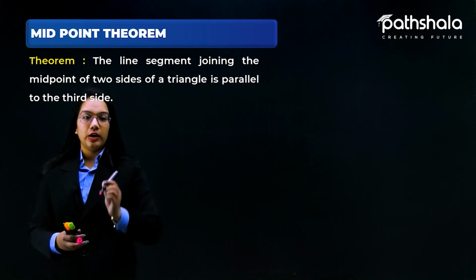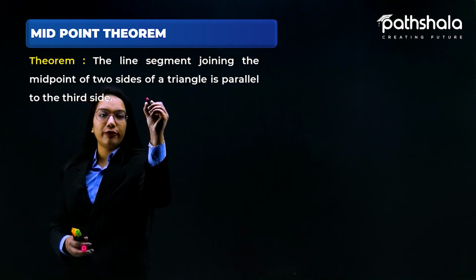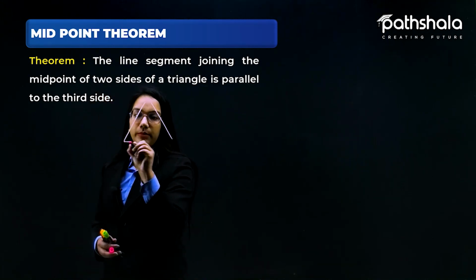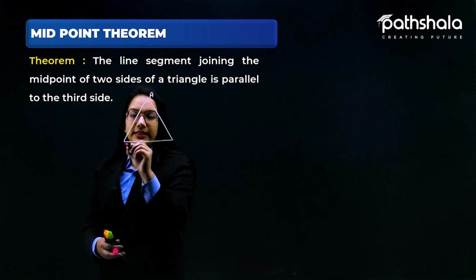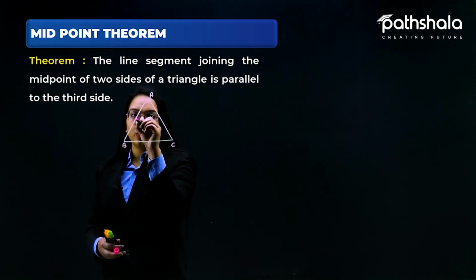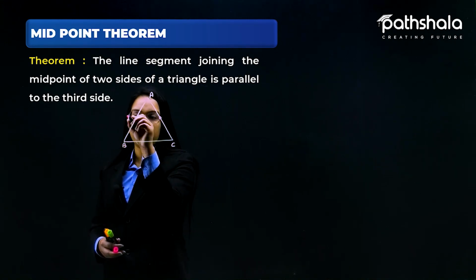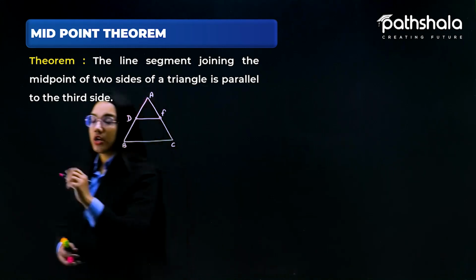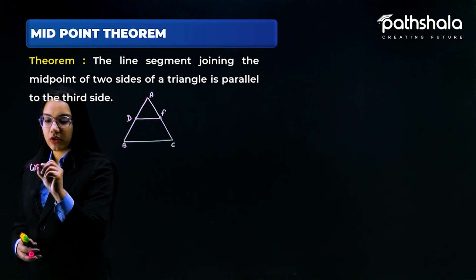First of all, let me draw the figure for this theorem. Let me take this triangle as ABC, such that I am taking two midpoints, D and F, and I'm joining D and F in such a manner. Let me start with the given condition.